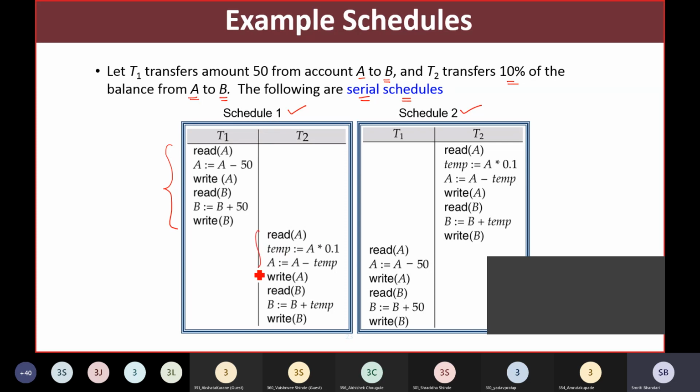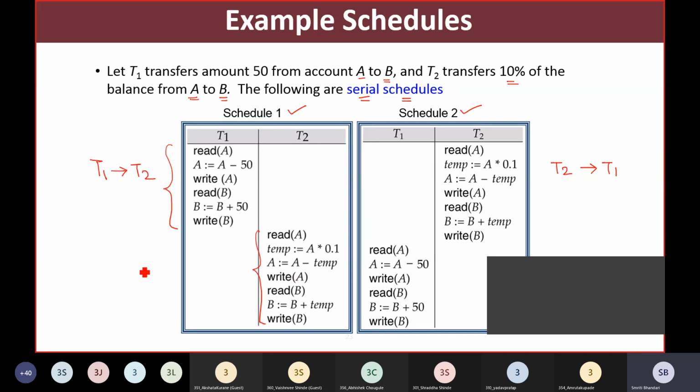In schedule 1, T1 is first executing and then T2 is executing. So the sequence is T1 gets executed first and then T2. Whereas in schedule 2, T2 gets executed first and then T1.